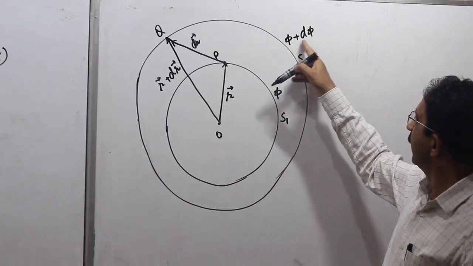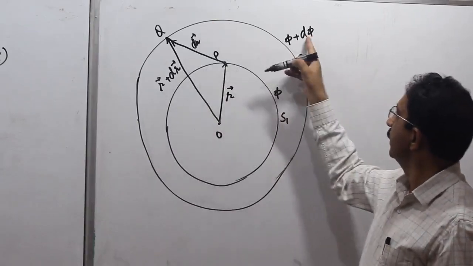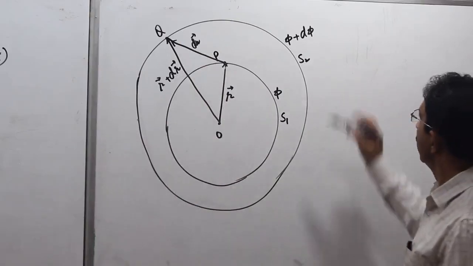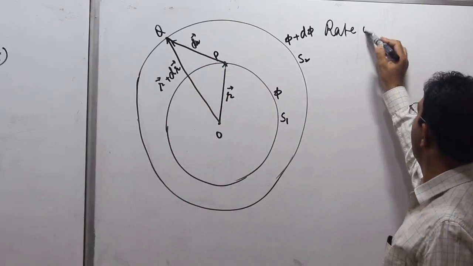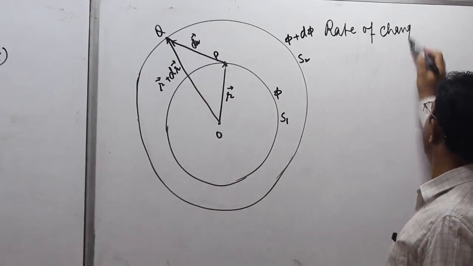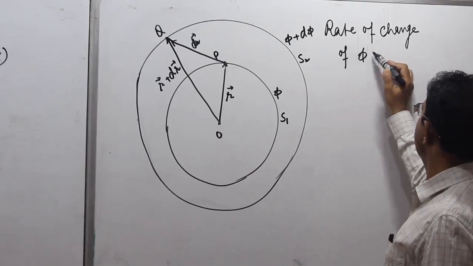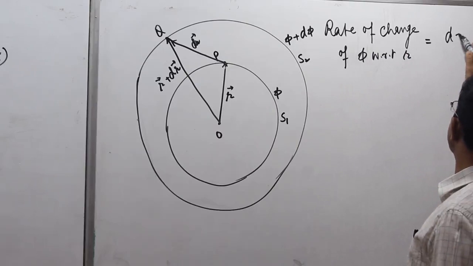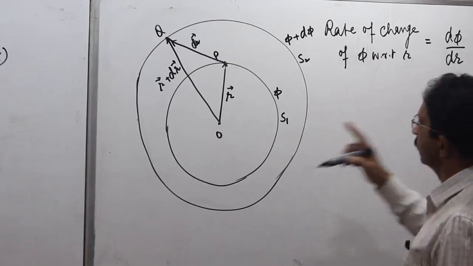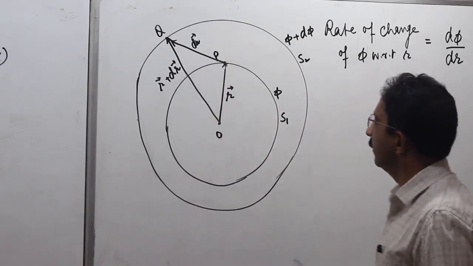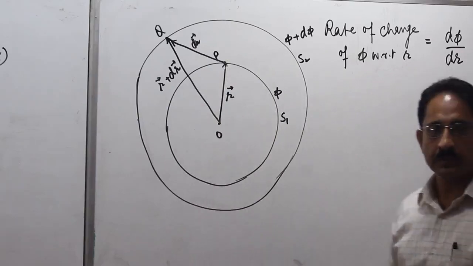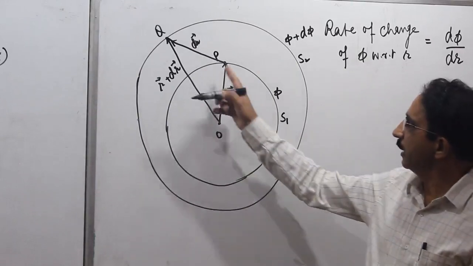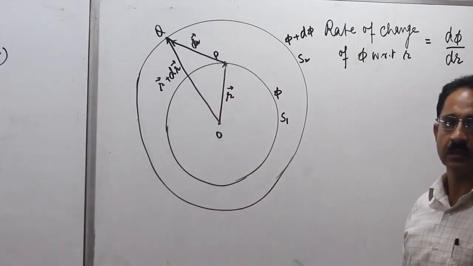So the change in value of phi from S1 to S2 is d phi, and this has occurred over a distance dr. So rate of change of phi with respect to r would be equal to d phi by dr. So d phi is the change in value of the property, the scalar function, from level surface S1 to S2, and dr is the distance over which it has occurred.